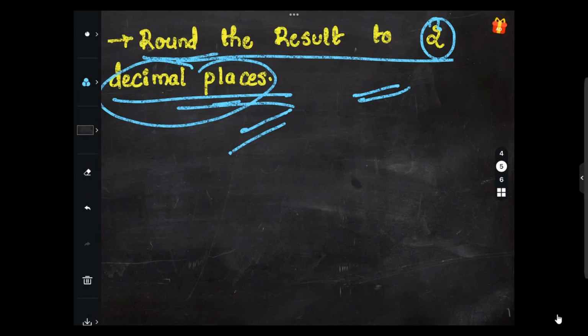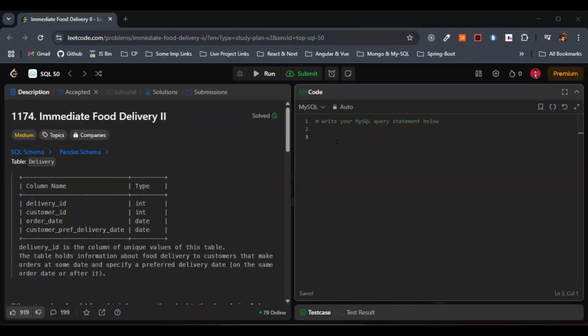Now let's start writing the query. So first we had 3 steps, right? Let's segregate this into 2 steps. The third step was only to calculate by formula and round off to 2 decimal places. So let's ignore that for a while and concentrate on 2 steps.